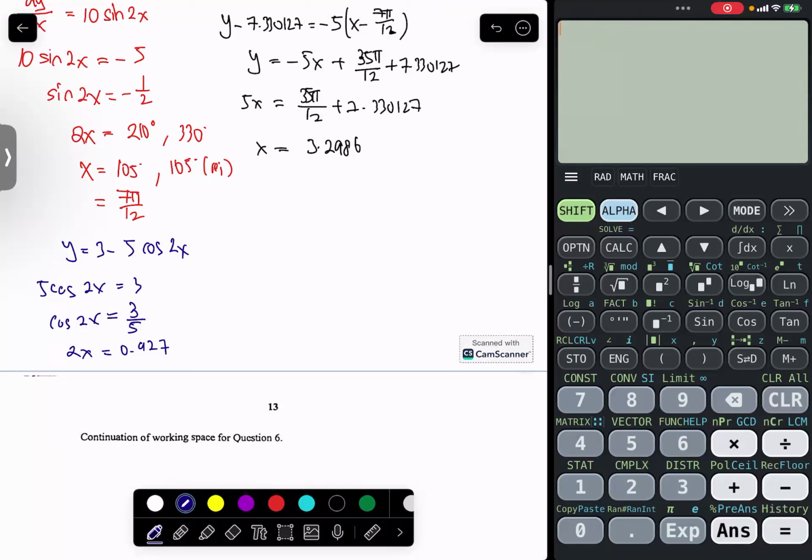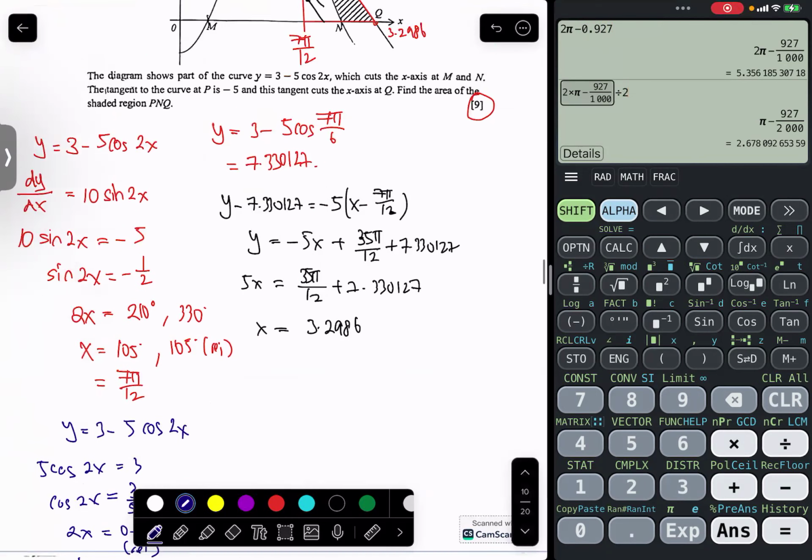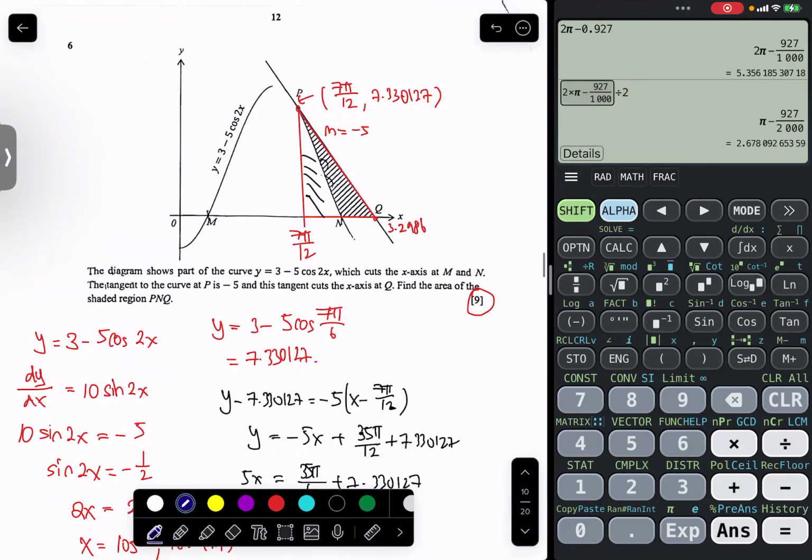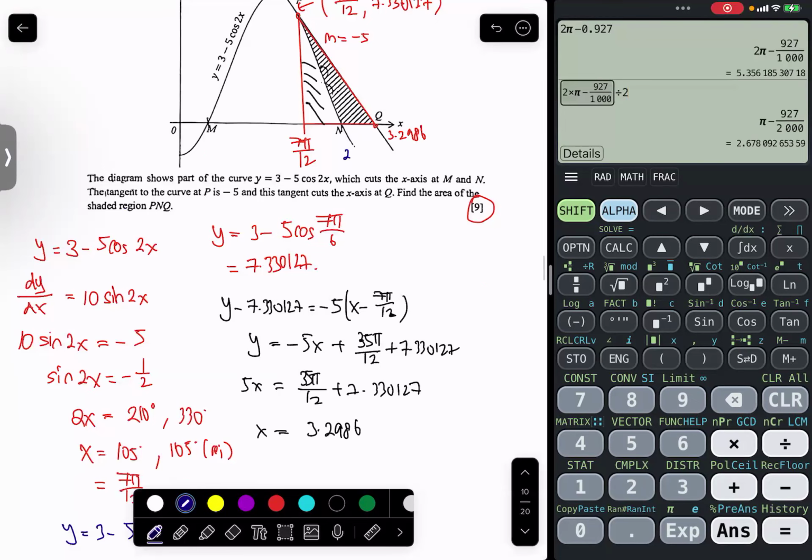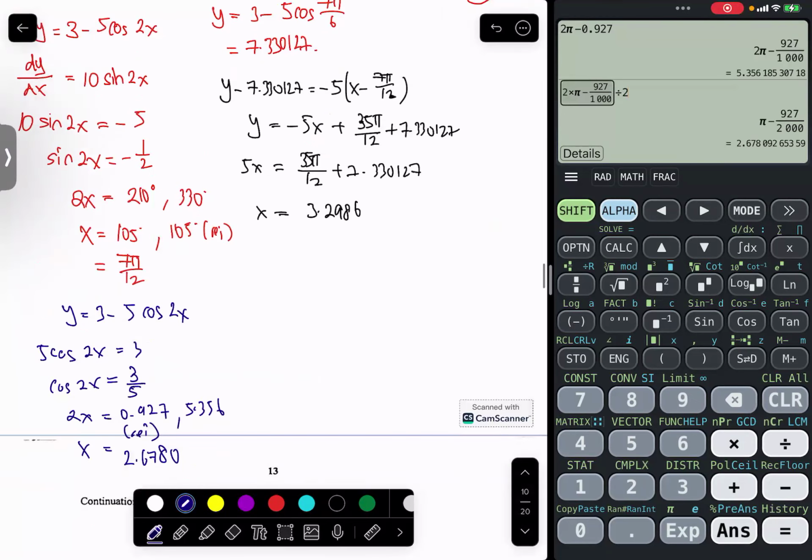So quadrant 4 is 2 pi minus answer, 2 pi minus 0.927, so we have 5.356. So x equals to, now this one is rejected, so we take this answer divided by 2, 2.678.